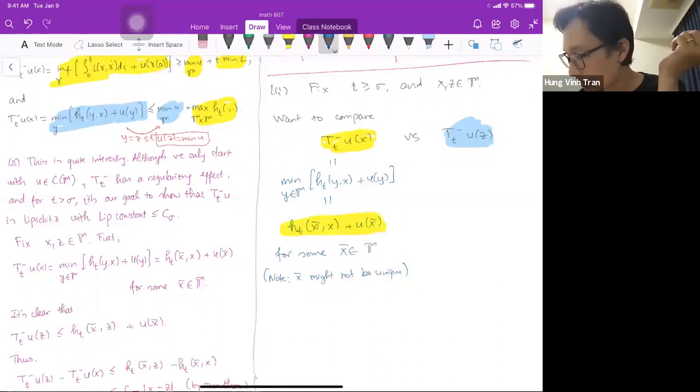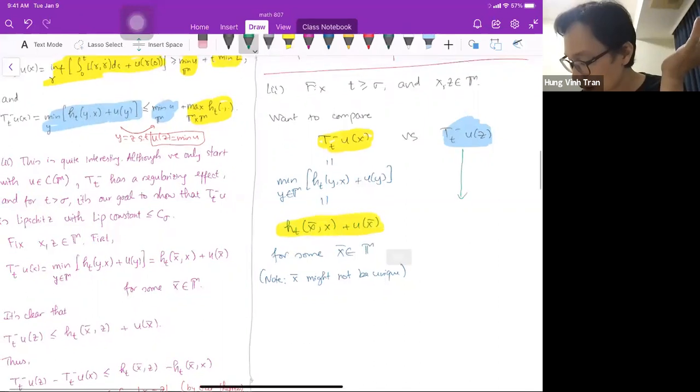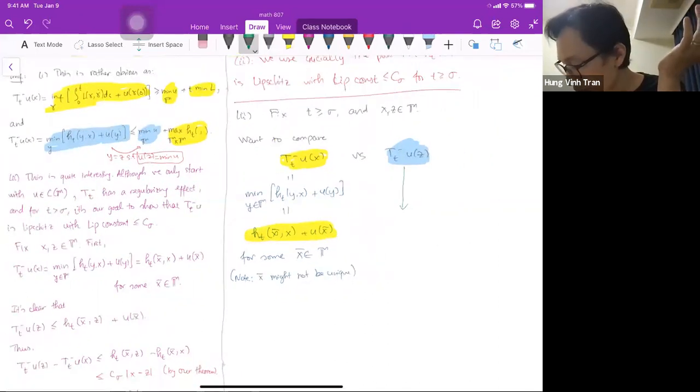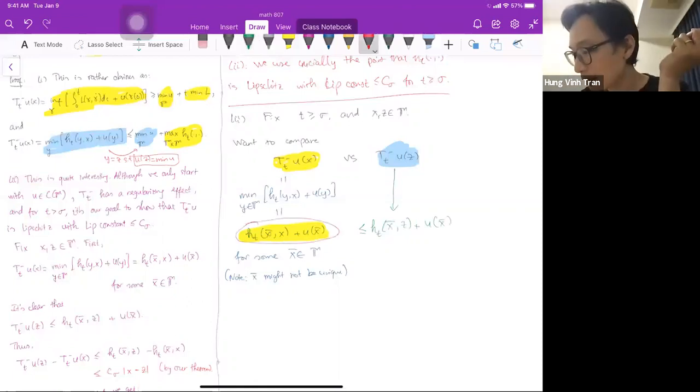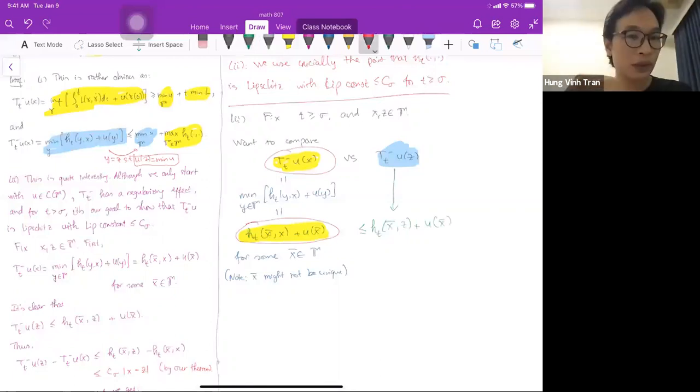On the other hand, you can see right away that T_t^-(u)(z), because of the minimization problem, is always less than or equal to a particular value I plug in, and I'm plugging in exactly the value h_t(x bar, z) plus u(x bar). So on one hand, I have T_t^-(u)(x) equal to the one that I just circled on the right panel.